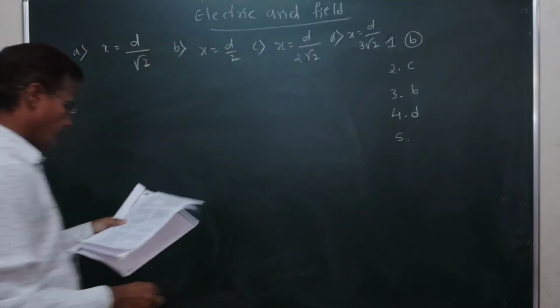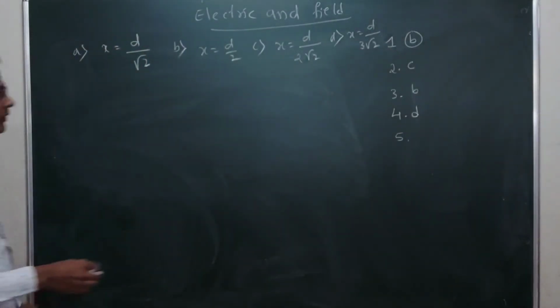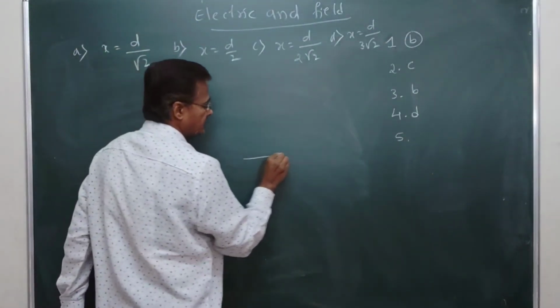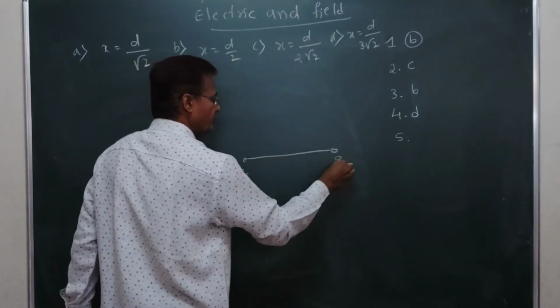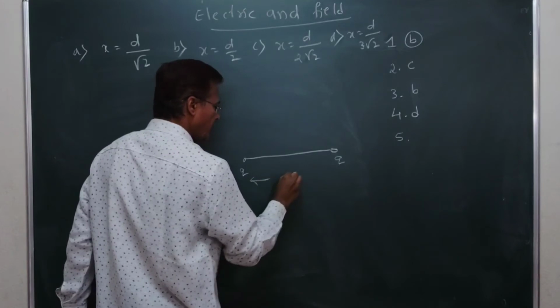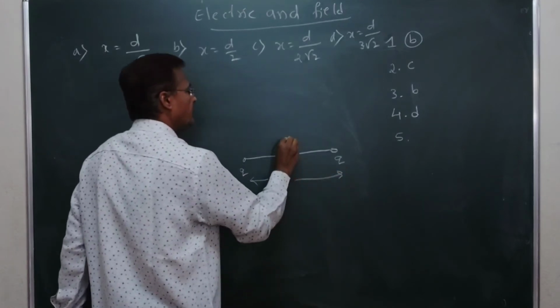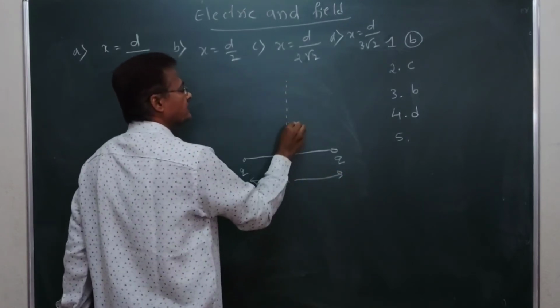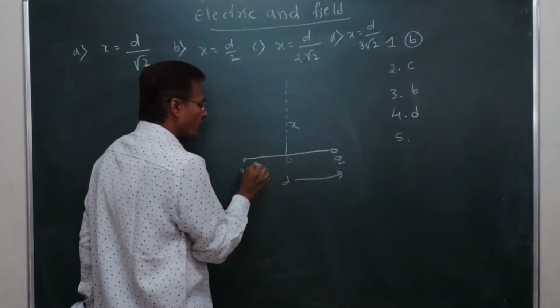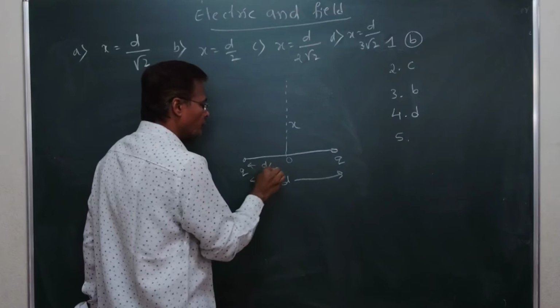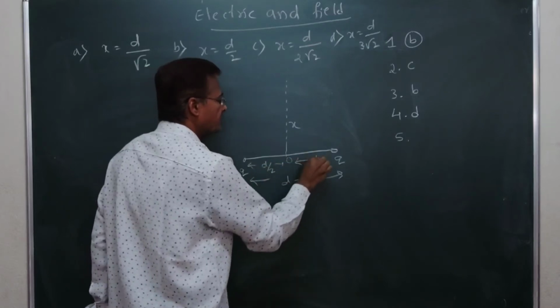Okay, 3 root 2. So here two charges are given. This is the one, two charges are there, each Q. The distance between these two is d, so at the midpoint the distance is d by 2, and this is the distance x. From here to here the distance we take is d by 2, and this one is also d divided by 2.